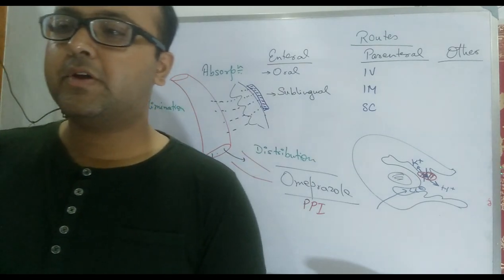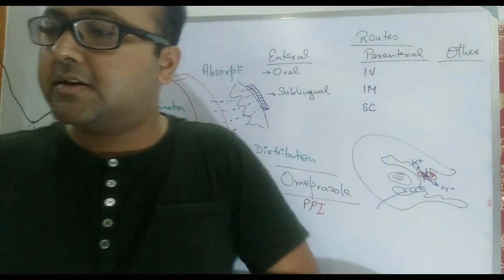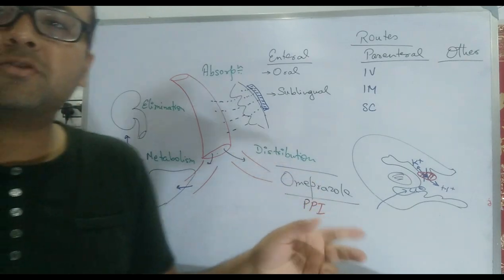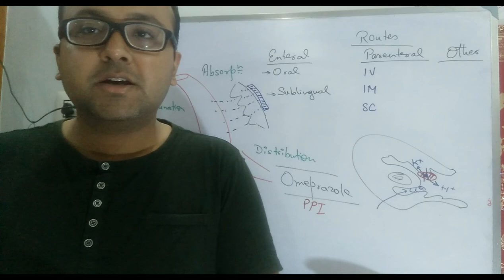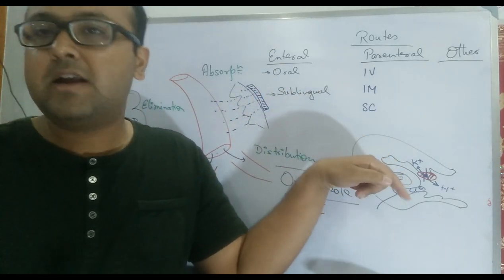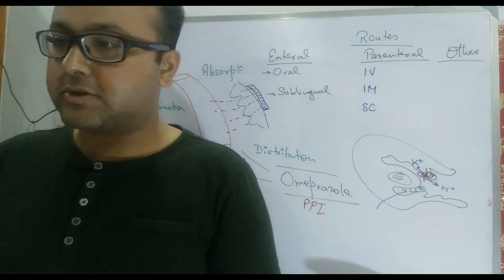Whenever you are giving aspirin, it's not a matter of whether aspirin will survive or not. Last time the problem was whether omeprazole will survive, but over here the problem is that aspirin is an irritant to your stomach mucosa, and nobody wants to irritate their own stomach mucosa.